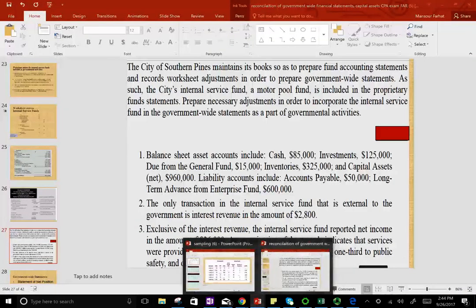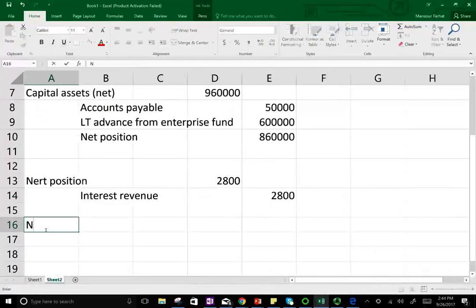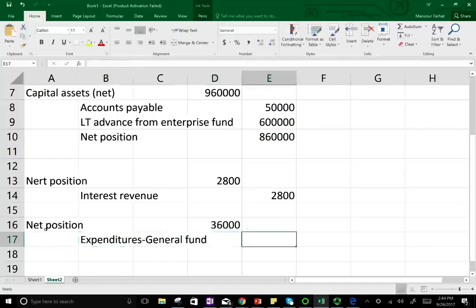So this is the profit that's showing on the income statement of revenues and expenses. Therefore, what we do is we debit net position, and the full amount is 36,000. Since they told you which government expenditures, you have to credit each government expenditure separately. So we have the general government, and one-third, one-third, one-third, that's 12,000.